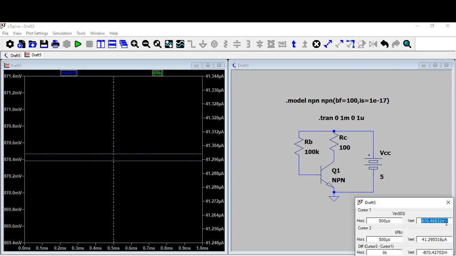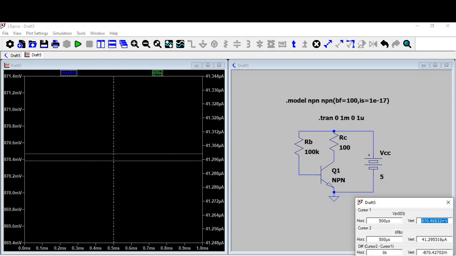So now, if you do 5 minus 870.446 millivolt, divided by 100 kilo ohm, can you see the current is 41.2?